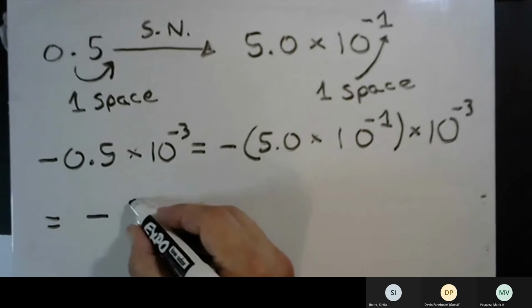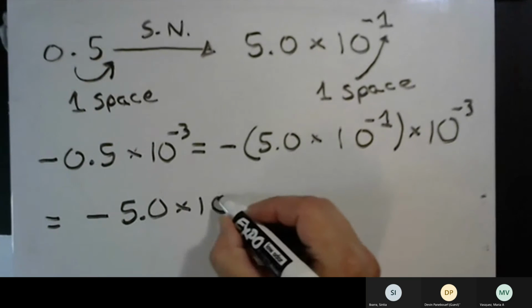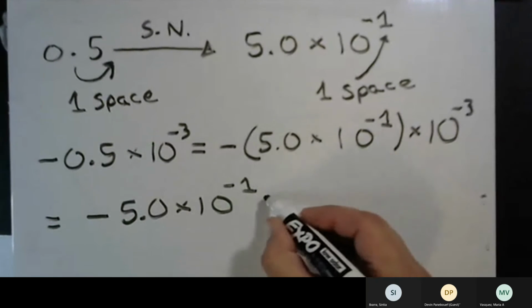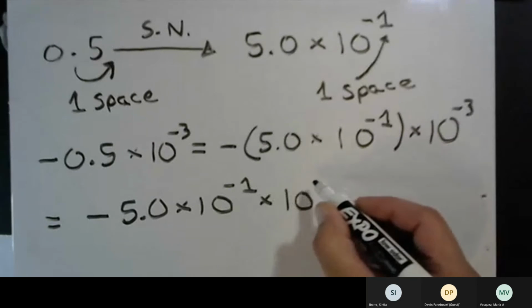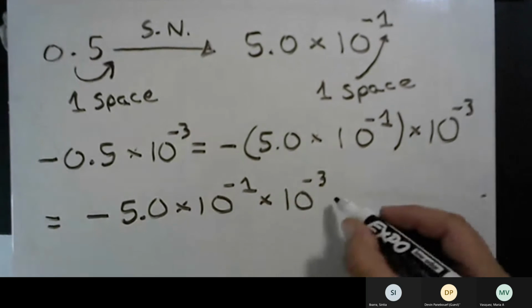We'll get -5.0 times 10 to the -1 times 10 to the -3. And then we'll add these together.